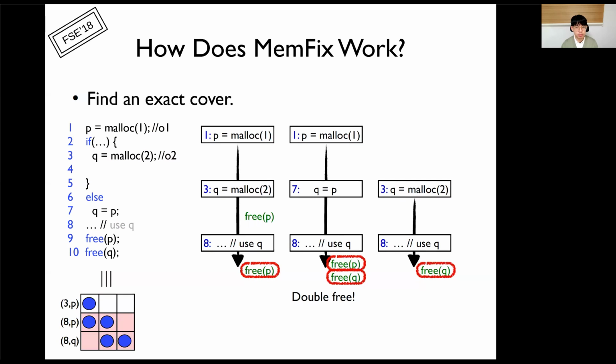For another example, if MemFix chooses both inserting free P at line 8 and inserting free Q at line 8, this is not a solution of the exact cover problem. So it also introduces double-free errors.